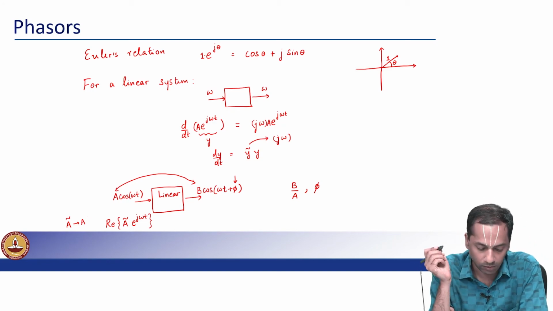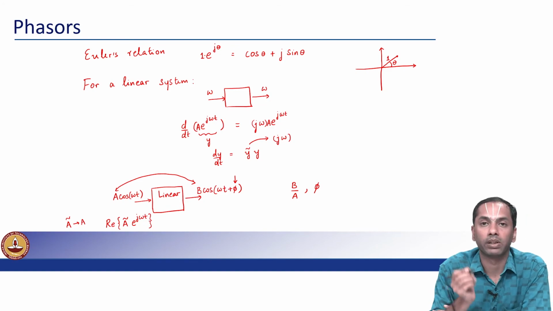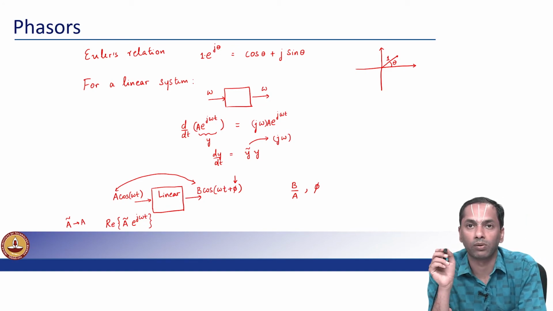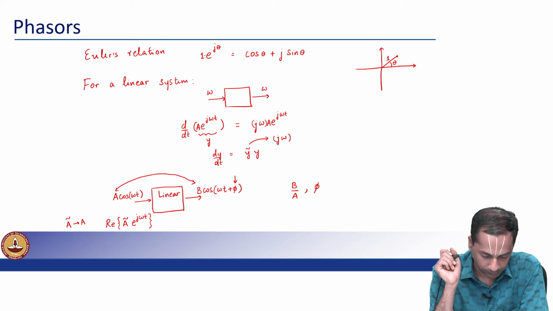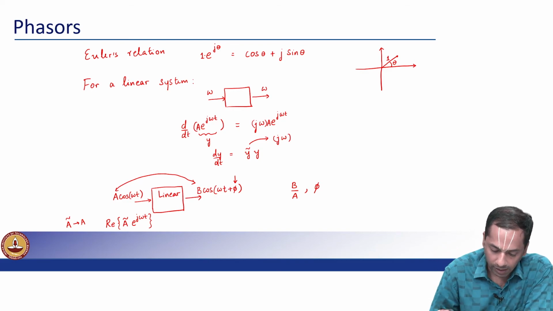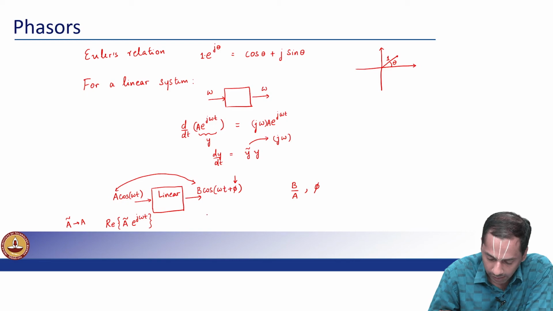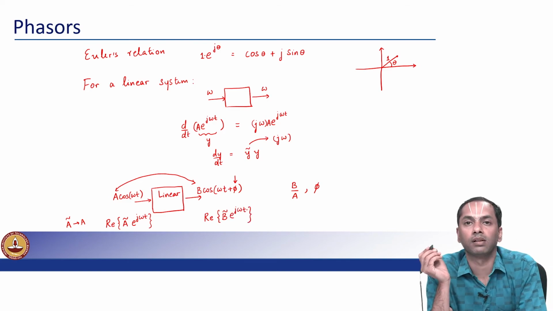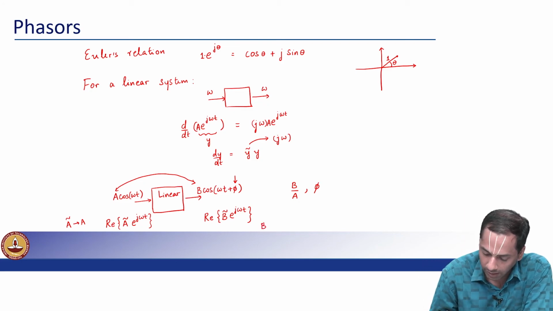You use Euler's relation for e to the j omega t, you can write that as cosine of omega t plus j sine of omega t, and if you look at just the real part, you get the cosine function. And in the output, you can write it as the real part of b tilde e to the j omega t, where now b tilde is essentially b e to the j phi.